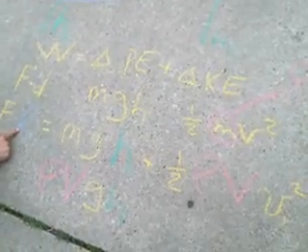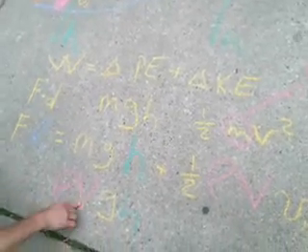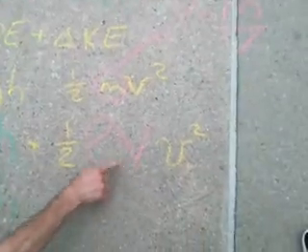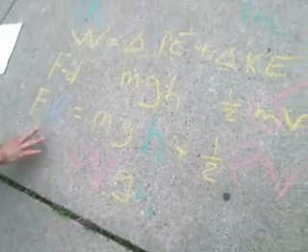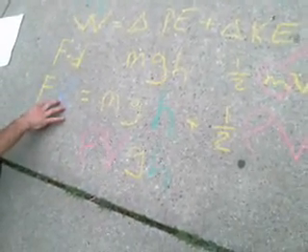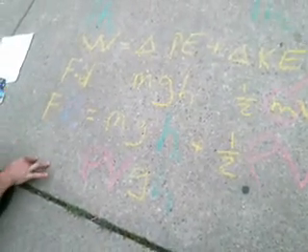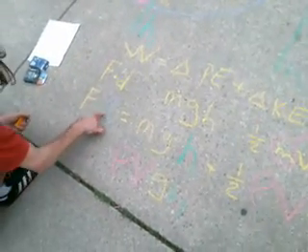Also, length. If I want to replace it in terms of something that has a volume in it, because you see this V and this V, both of those have V's, I can simplify this and turn this force times length. If I take the volume and divide it by the area, that's the same thing as a length.